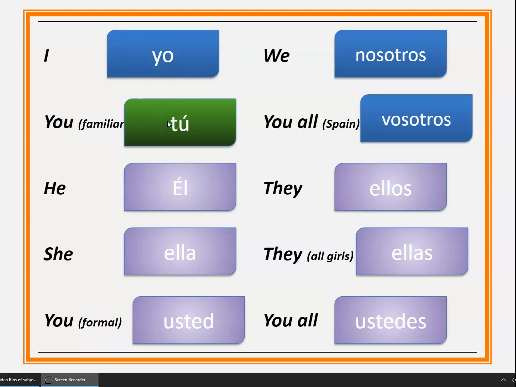Second person singular, and the purple ones on this side will be third person singular. This is important for the coming chapter when you have to learn how to conjugate verbs. And on the other side, you have first person plural, second person plural, and then third person plural. So that's why I have them grouped that way.